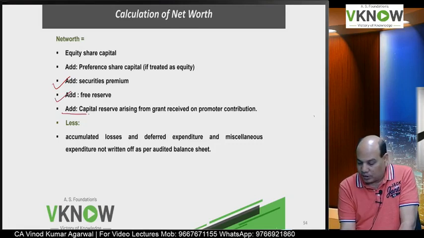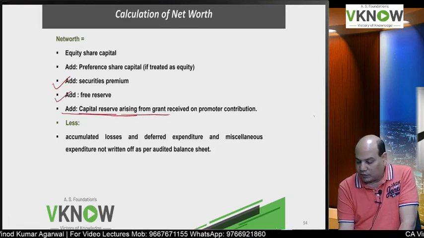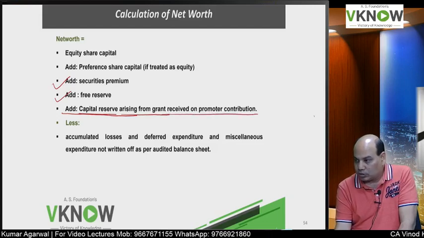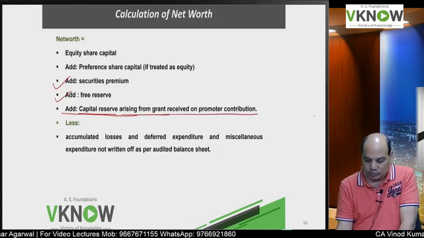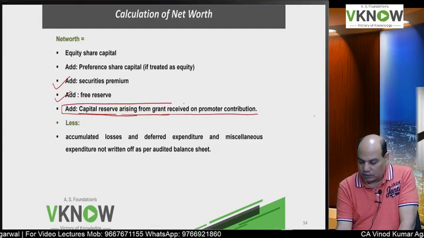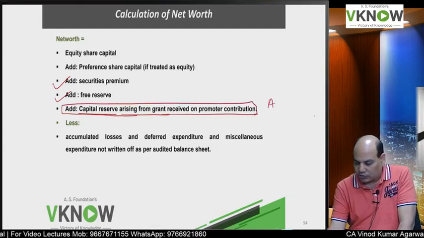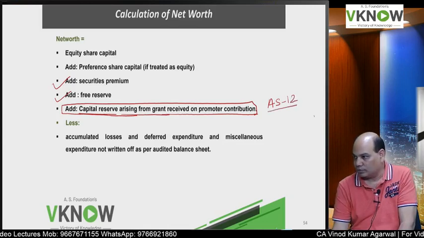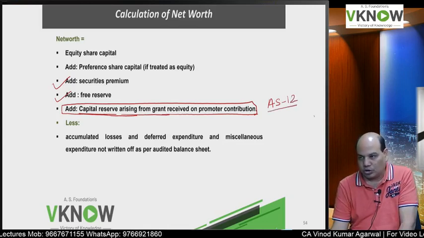What about capital reserve? Capital reserve arising from grant received on promoter contribution. In our accounting standard of intermediate syllabus, there was AS 12, which is called accounting for government grant.